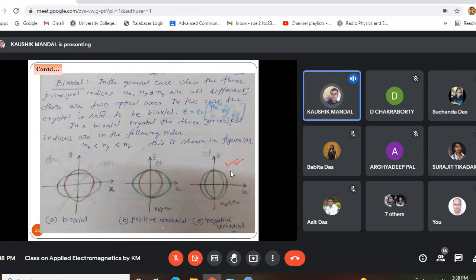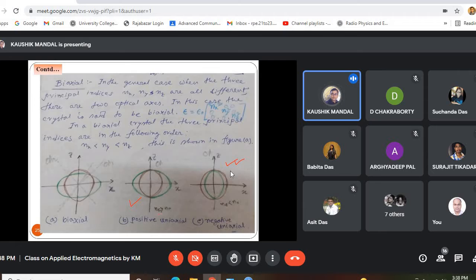Next, in case of uniaxial crystal, first of all, the number of optical axes will be 1 and it will consist of one sphere and one ellipsoid. Now, depending on the size of the ellipsoid and sphere, the uniaxial crystal may be positive uniaxial crystal or negative uniaxial crystal. If sphere is within the ellipsoid, that means Ne is greater than No, then that will be the case of positive uniaxial crystal.